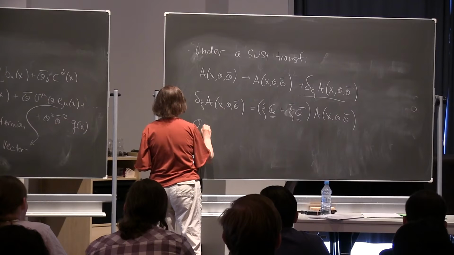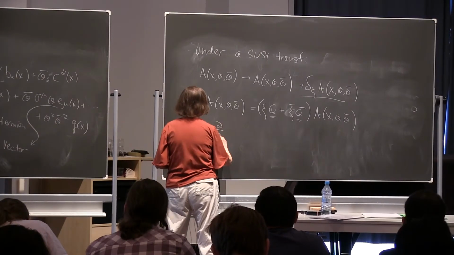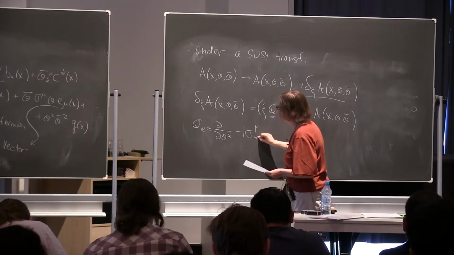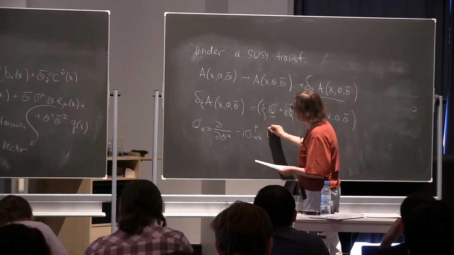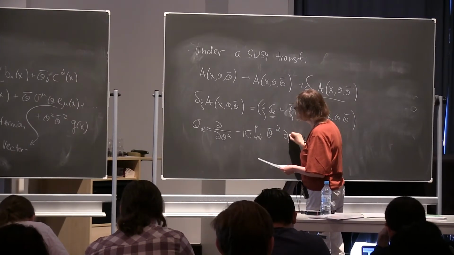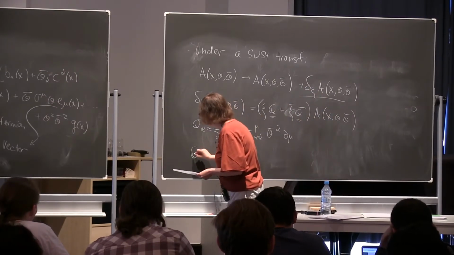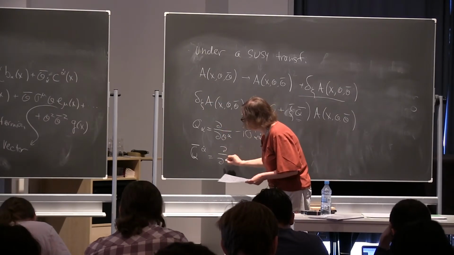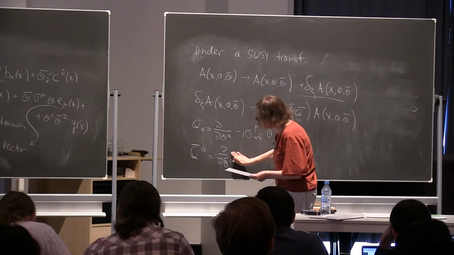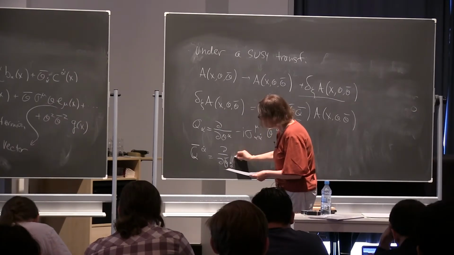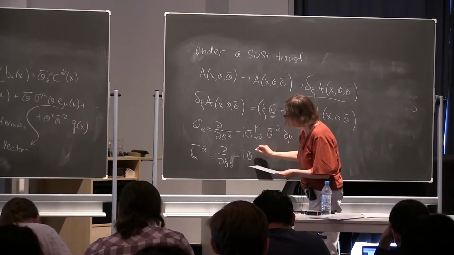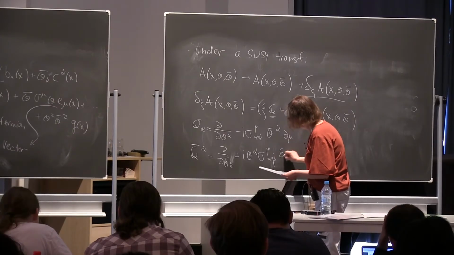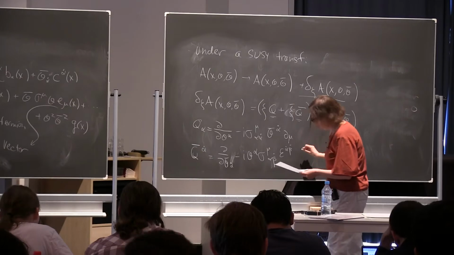So Q alpha is given by d over d theta alpha minus i sigma mu alpha alpha dot theta bar alpha dot d mu, and similarly Q bar alpha dot is given by d over d theta bar alpha dot minus i theta alpha sigma mu alpha beta dot epsilon alpha dot beta dot d mu.